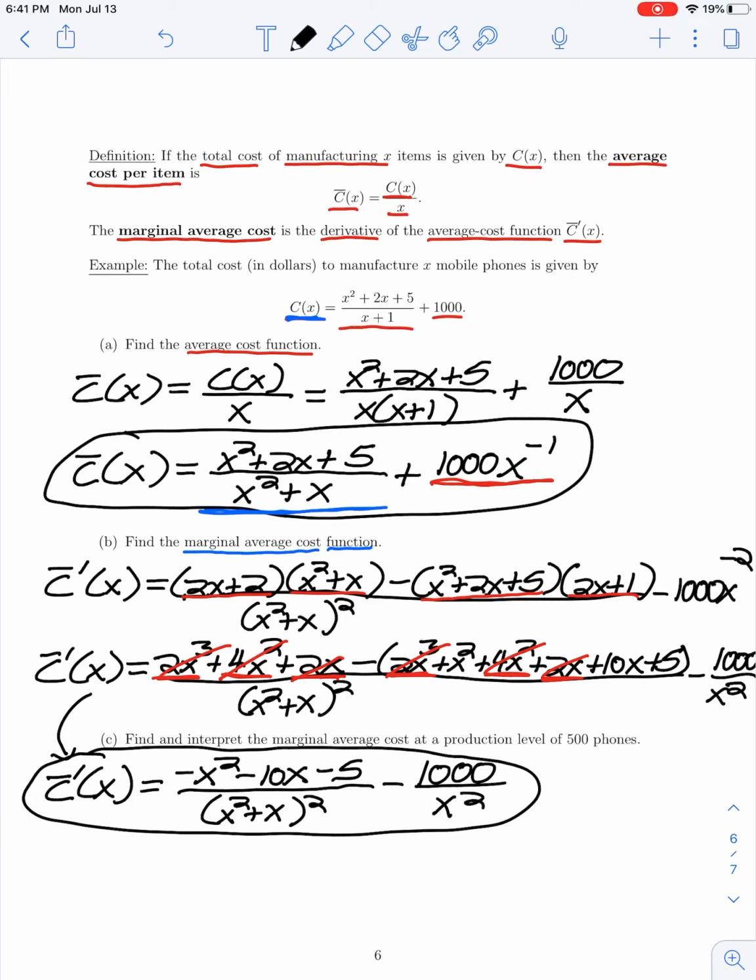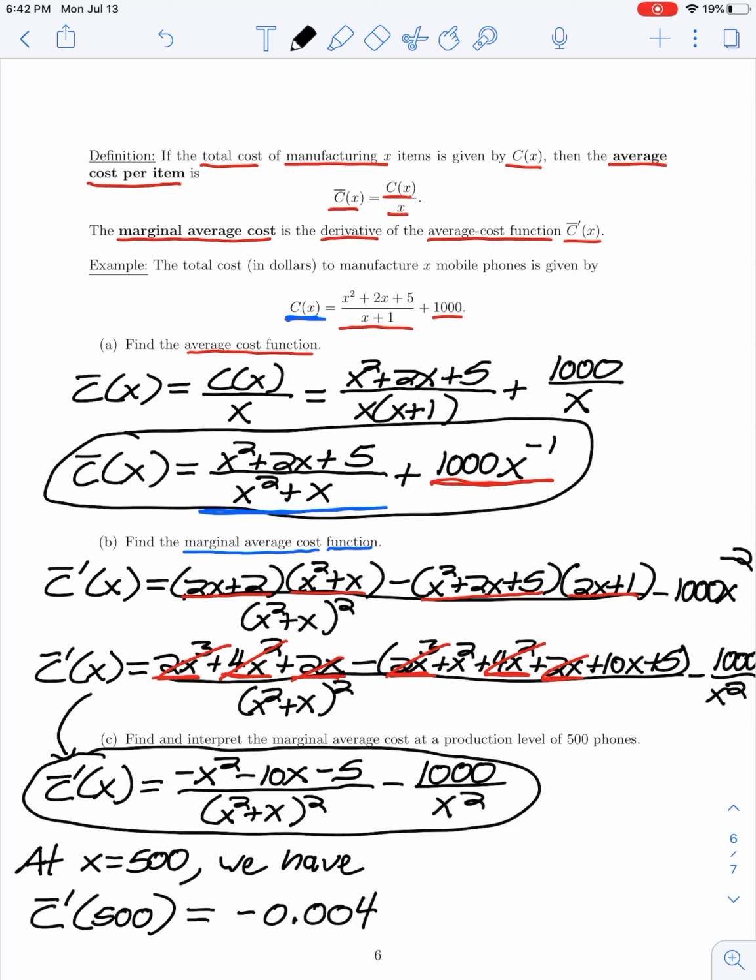So at a production level of 500 phones, or when x is equal to 500, we have a marginal average cost, C bar prime of 500, of negative 0.004, and this would be dollars per phone.